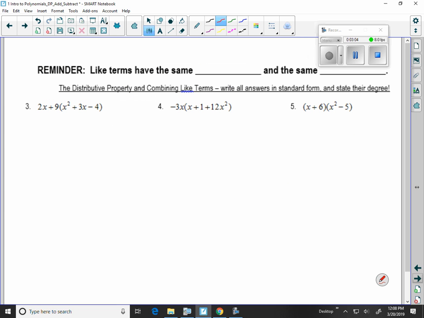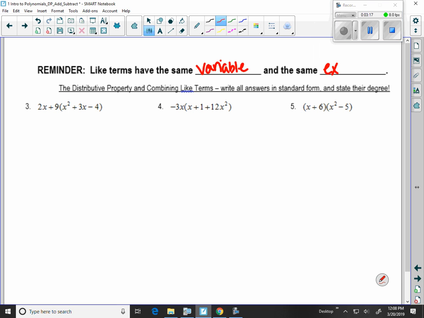All right, reminder. Like terms have the same variable and the same exponent. Same variable, same exponent. So, are these like terms?